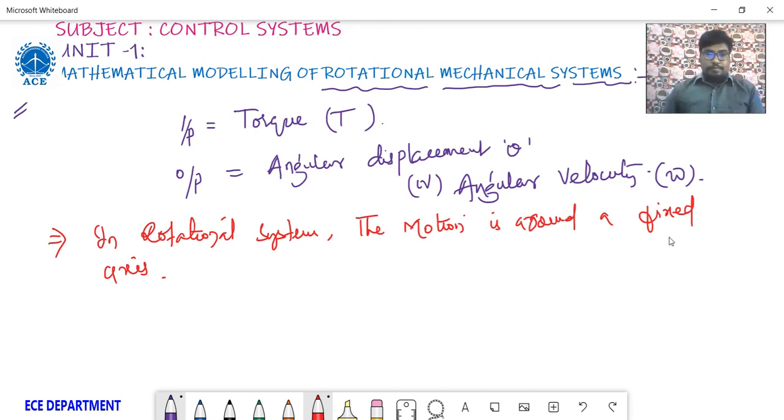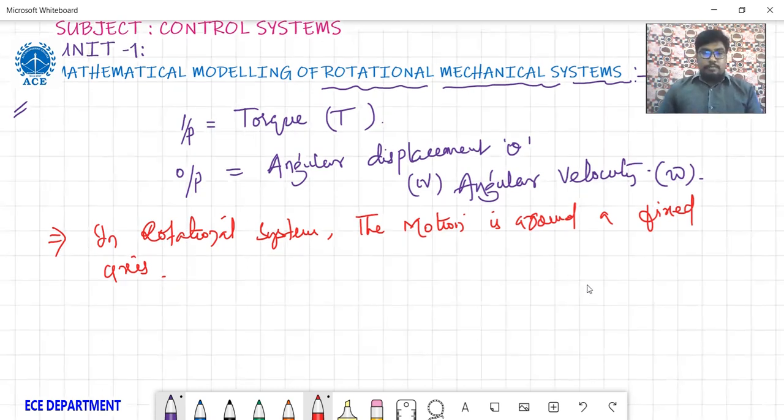That's why we are considering all variables in terms of angular quantities. Remember this one.